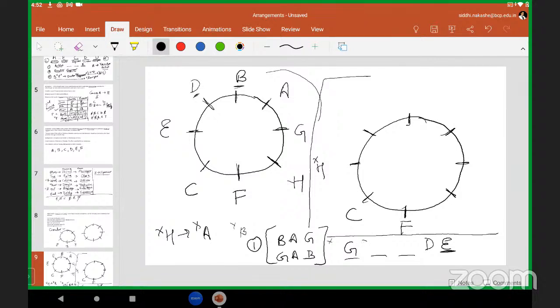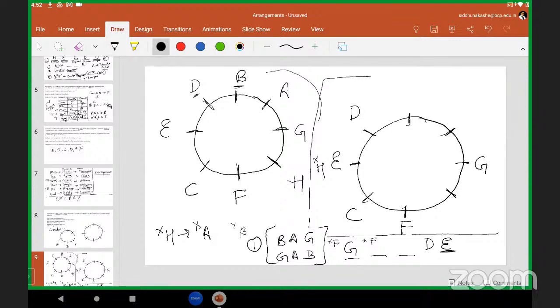F won't be here. Fine. So G won't come over here. So we'll solve it again. So we'll do G. Then we have two spaces. That is D, and we have E over here.